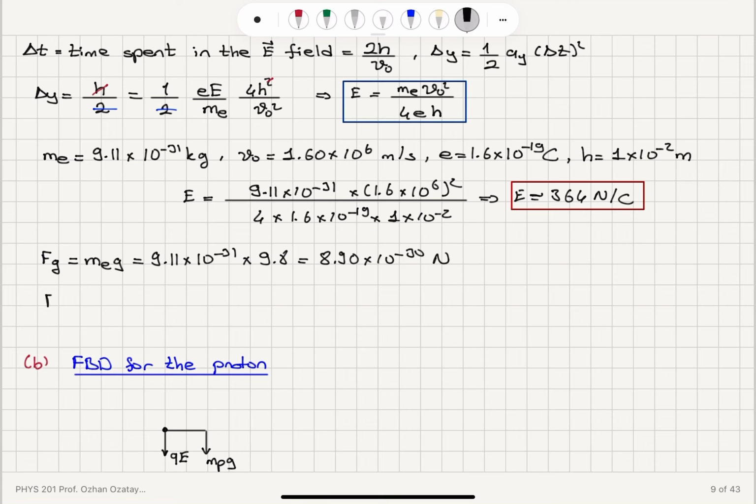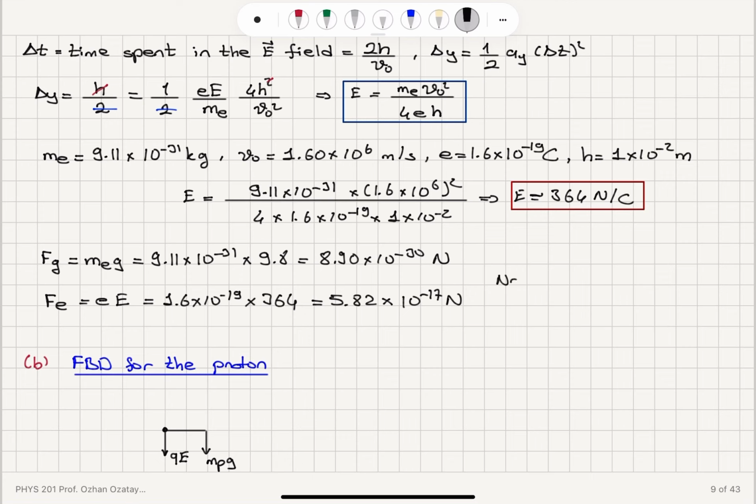If I look at the electrical force, it's the electron charge times the electric field E. It is 1.6 × 10^-19 coulombs multiplied by the electric field I have calculated, 364. This force is 5.82 × 10^-17 newtons.